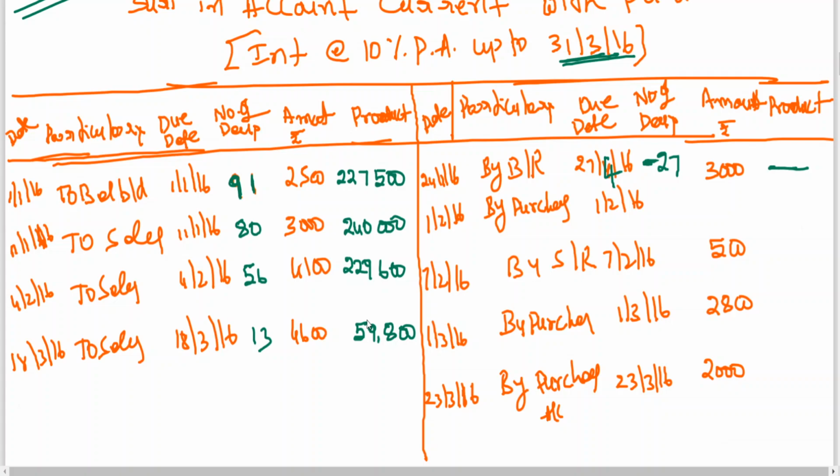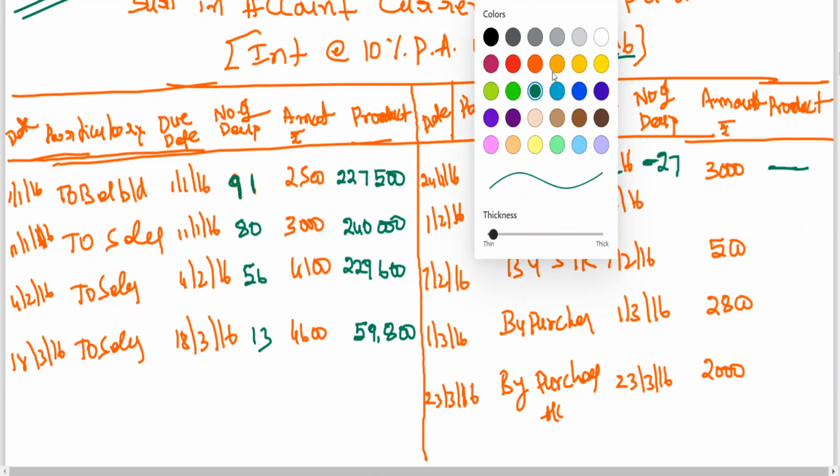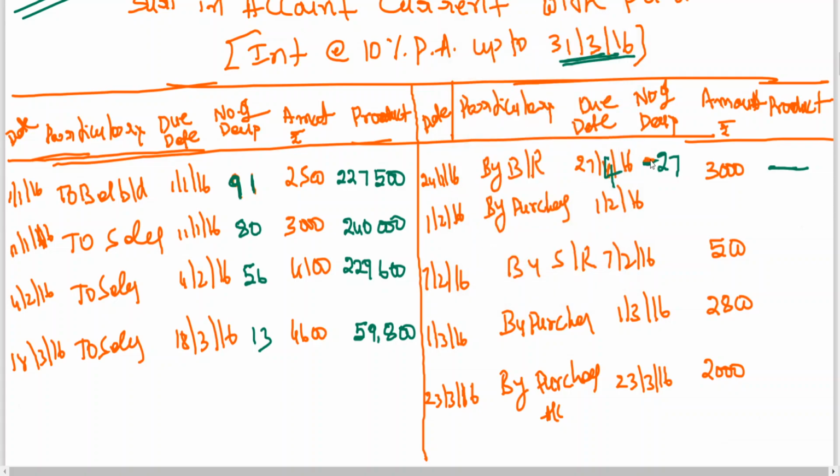You'll be writing red ink product. In those days, they used to mark with a red pen, a red marker, a red ink. The reason is that it is negative.